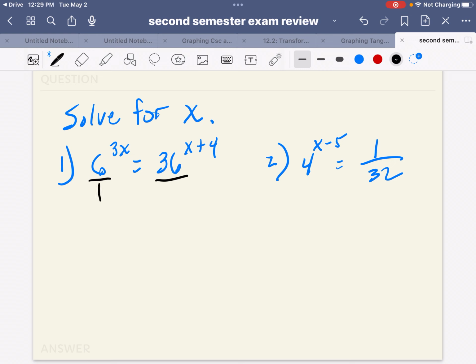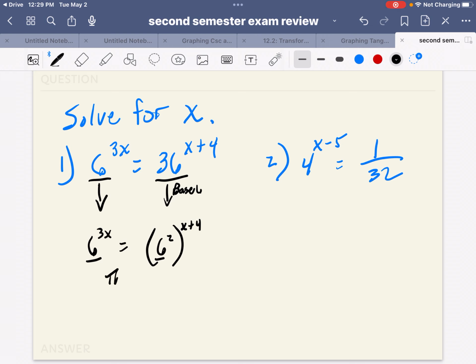So here's what I'm going to do. I'm going to leave the left side of this equation alone as a base of 6. But isn't it true that 36 can be written with a base of 6 as 6 squared? And so then 6 squared is 36, so that's still being raised to the x plus 4 power. So you'll notice now that both sides have a base of 6.